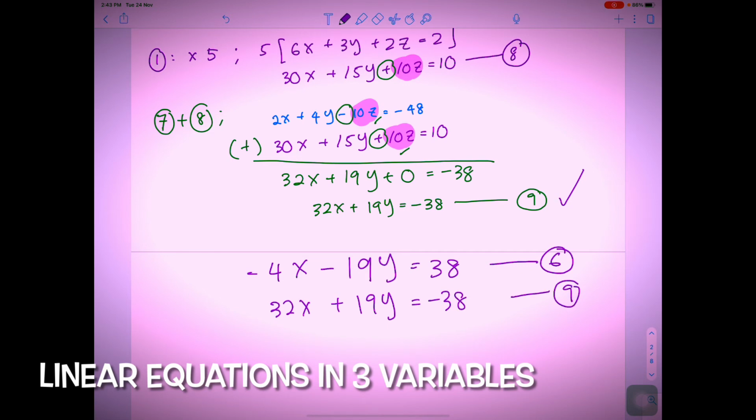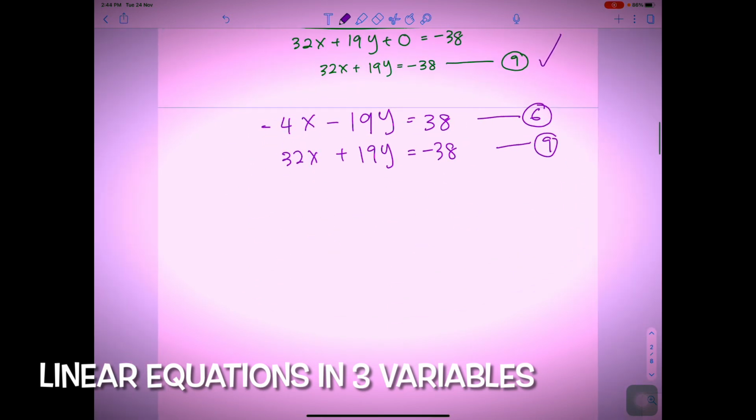What is the operation between these two linear equations to eliminate one of the terms? Because of the negative 19y and the positive 19y, which have different signs, we can use addition. So equation 6 plus equation 9.